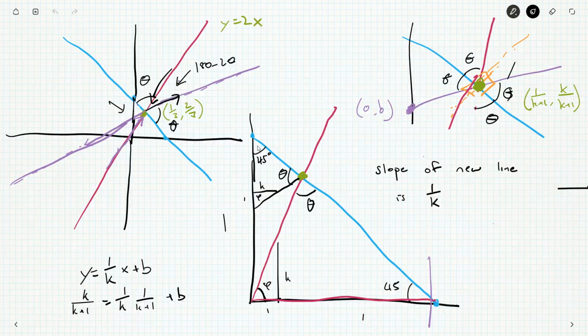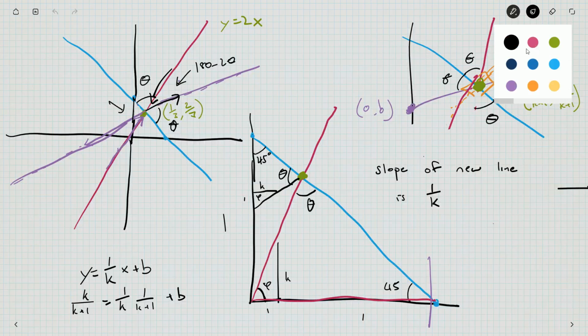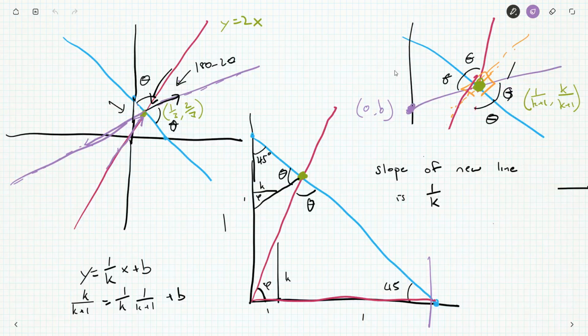Okay. Now, if we just look at the specific case of the first quadrant, we get these nice 45 degrees, which means whatever that angle is, it doesn't really matter, but whatever it is, we get two similar triangles up here.